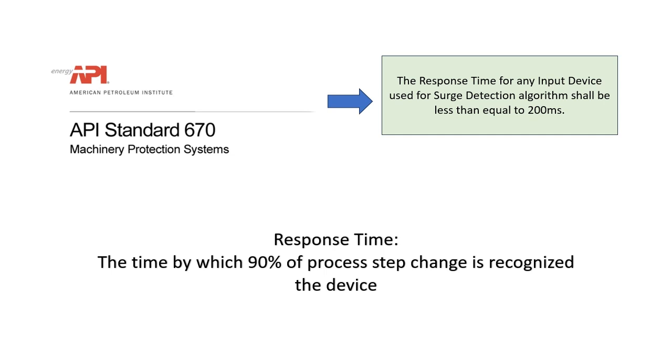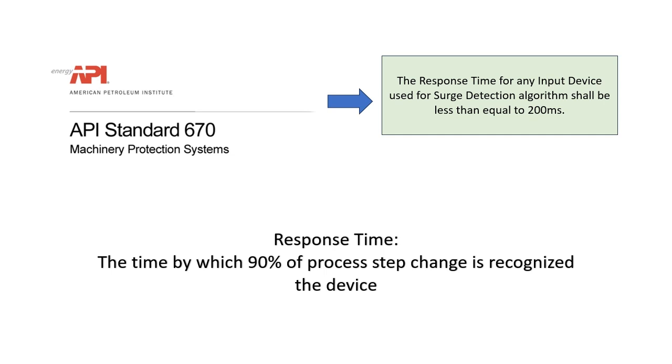Now, in the transmitter manual, you may find response time defined as the time in which the transmitter has recognized 63.2% of the process step change. So there may be a difference in the response time definition. So this is one of the criteria. Two other criteria are obviously accuracy and repeatability.